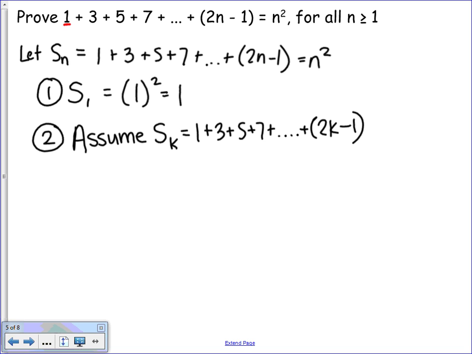So I'm just copying my previous work, replacing n's with k's. But let's assume, for whatever this value of k is, that it is in fact k squared. So we're making an assumption. The sum of k terms is k squared.